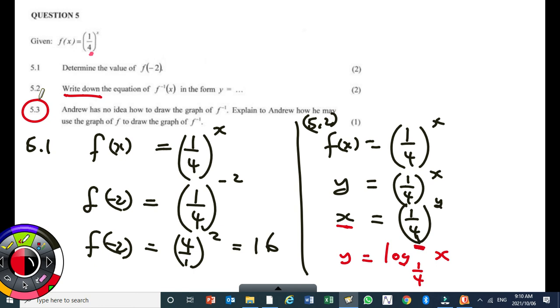Now what you need to know is that the graph of f is a mirror image of the graph of its inverse about the line y equal to x. And then you're done if you do that. It's an open question. Okay? It's an open question. Let me write it here. 5.3.